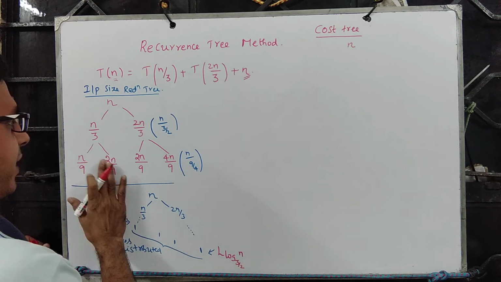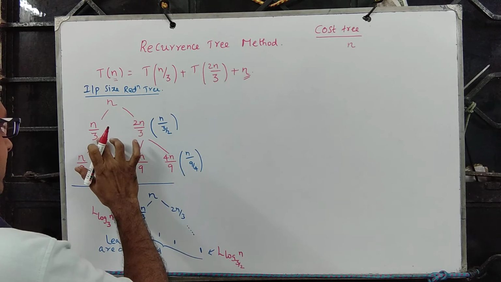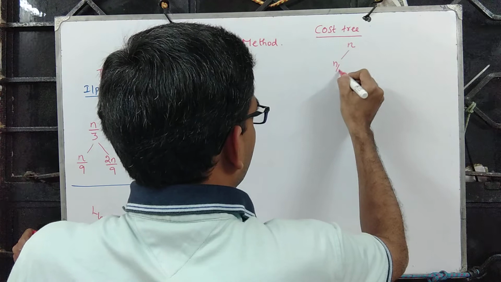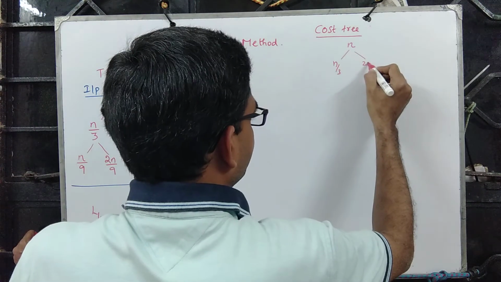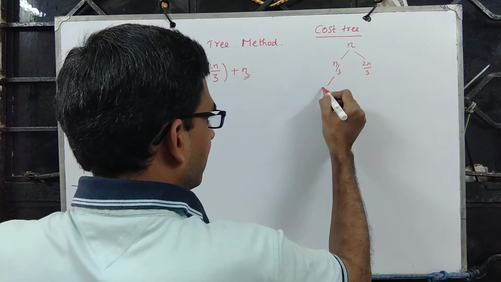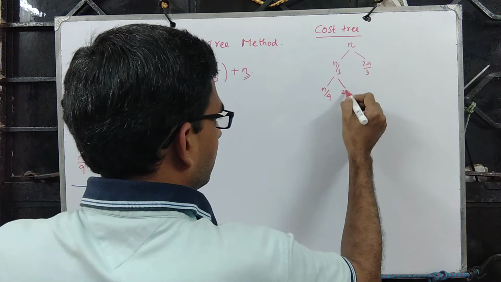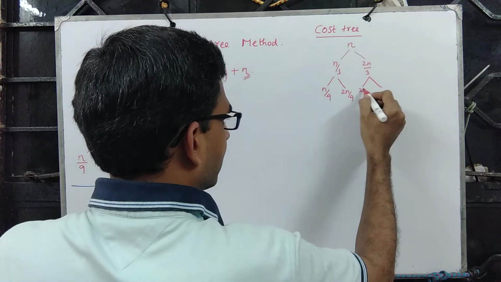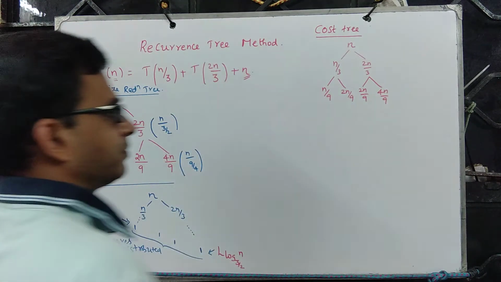The cost to combine this is n, but here problem size is n by 3, so the cost is n by 3. Similarly, on this side it is 2n by 3. So like that it keeps going. So in the next level, you get n by 9 and 2n by 9. Like that it keeps going. Then again 2n by 9, 4n by 9, and so on.